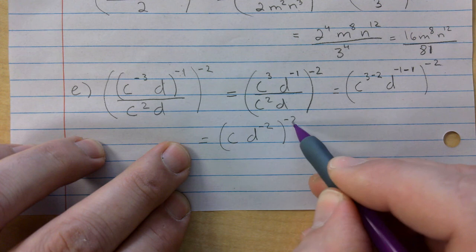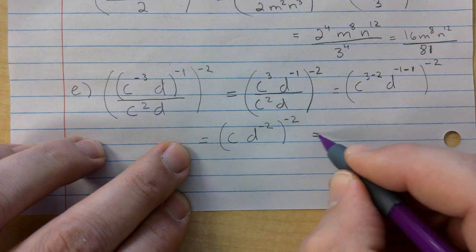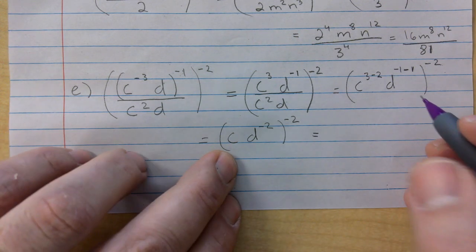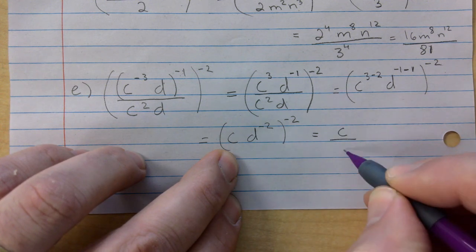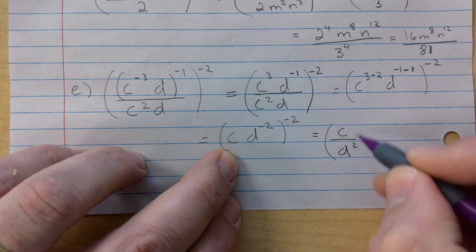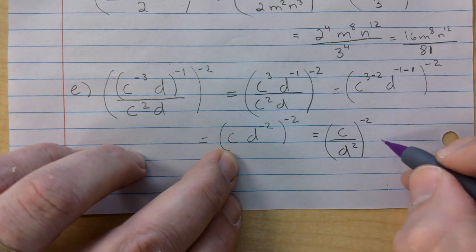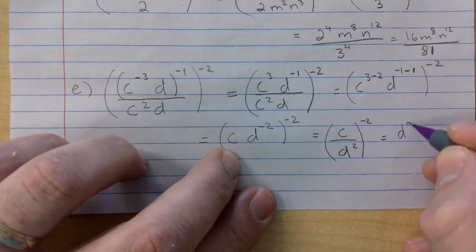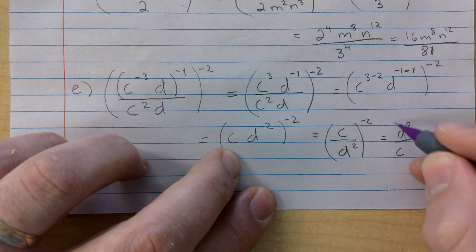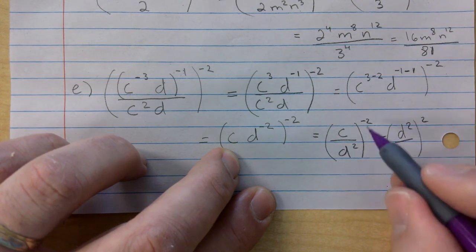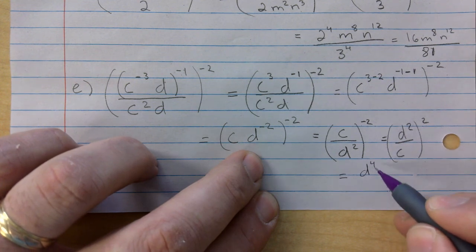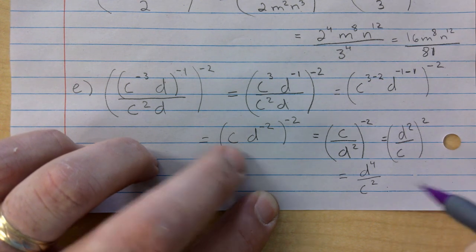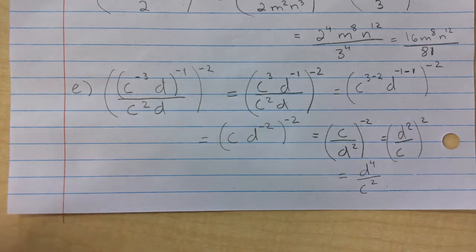All of that to the -2. And now I'm going to clean up the negative inside. C over D to the 2, to the -2. I'm going to flip this to turn that positive. And then I'm going to go D to the 4 over C squared. That's your final simplified.